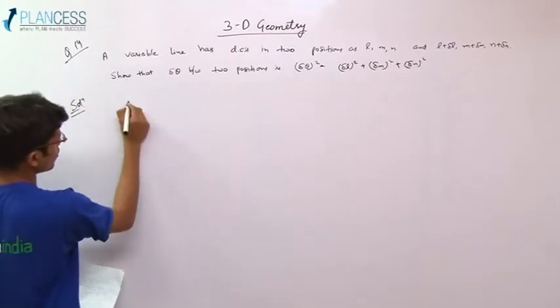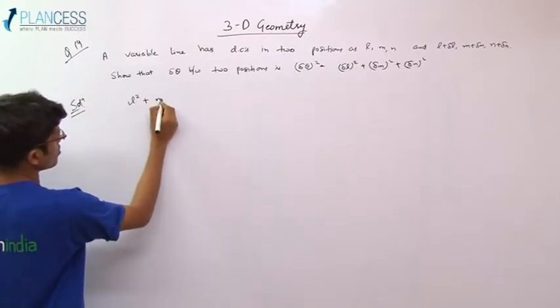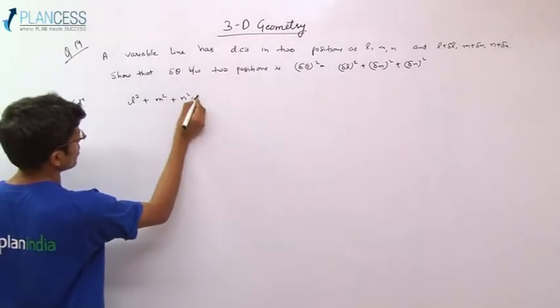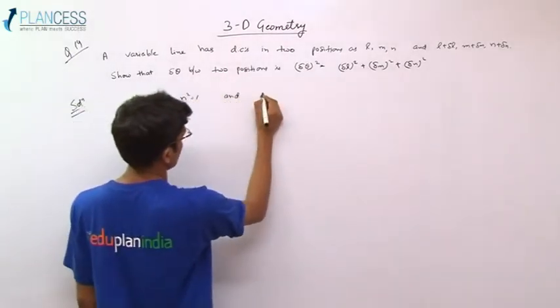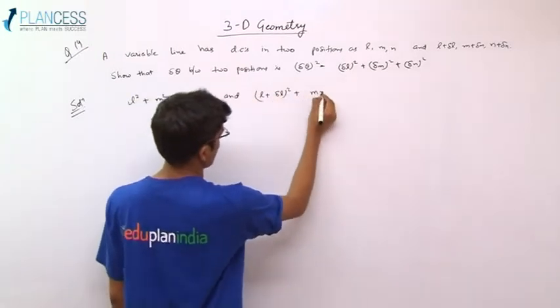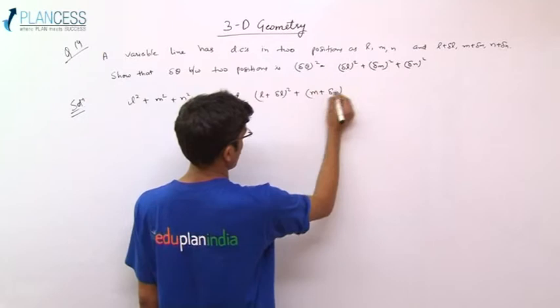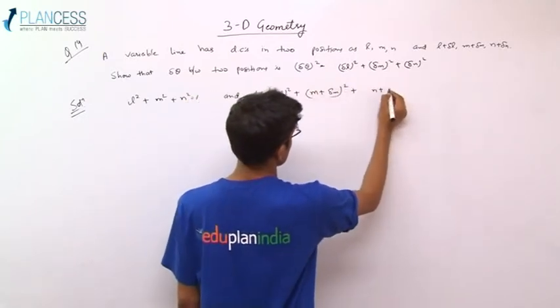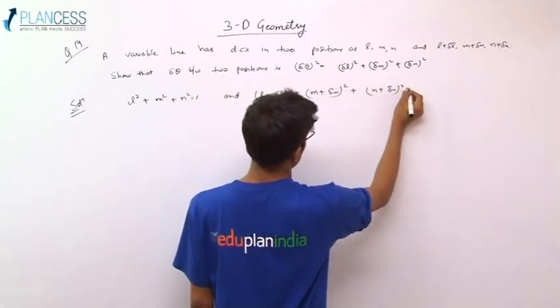First of all, since both of these are direction cosines, l squared plus m squared plus n squared is 1, and (l plus delta l) squared plus (m plus delta m) squared plus (n plus delta n) squared is 1.